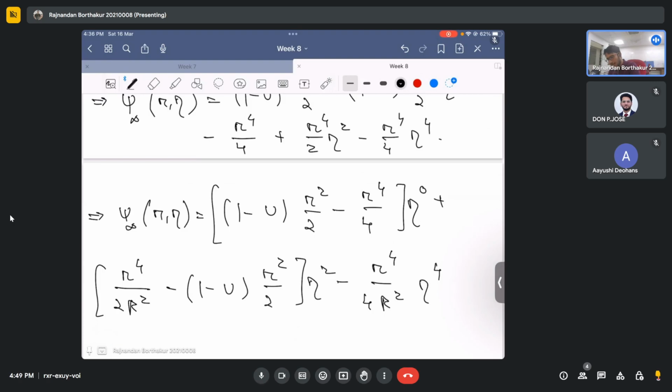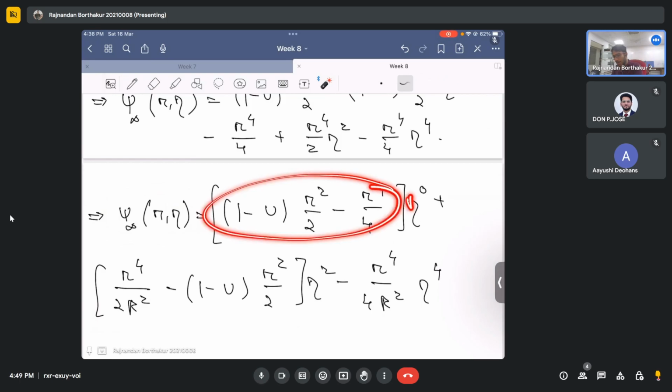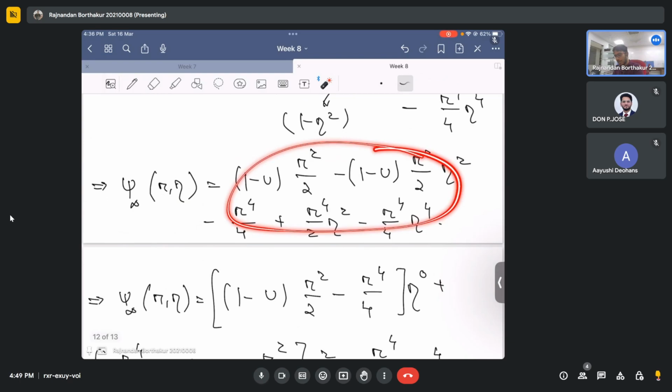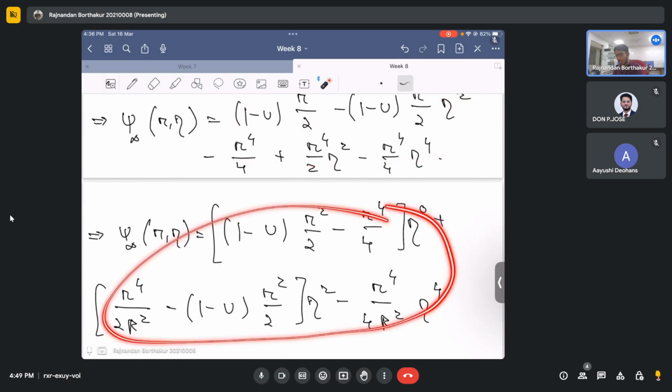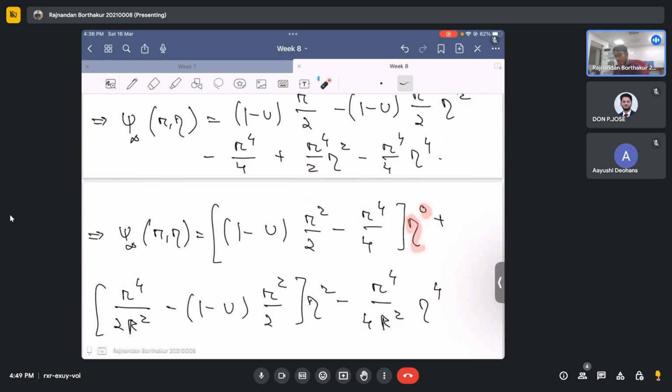So the logic is that I am just writing these terms as a function of r multiplied by a function of eta. So I have an eta power 0, an eta squared, and an eta power 4.